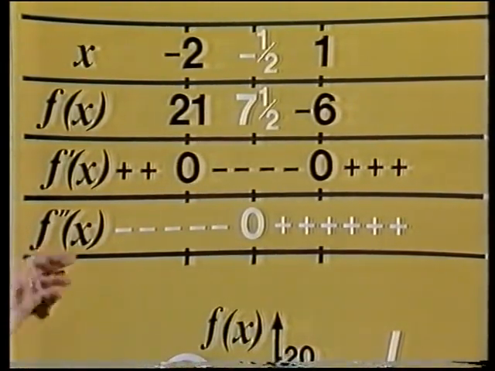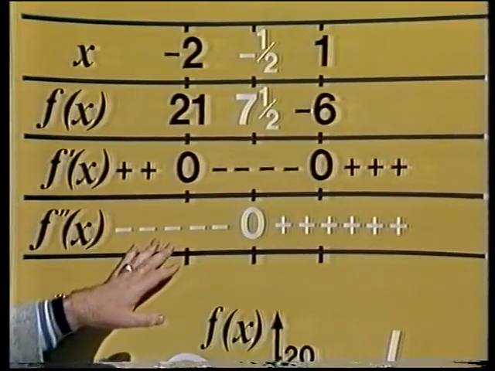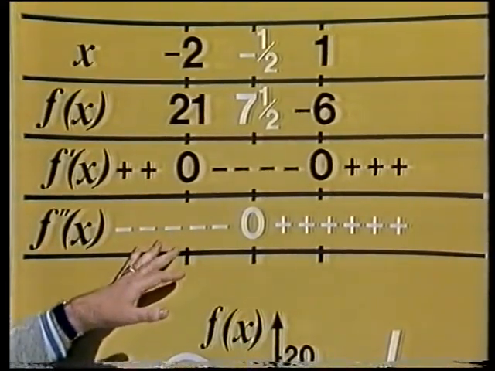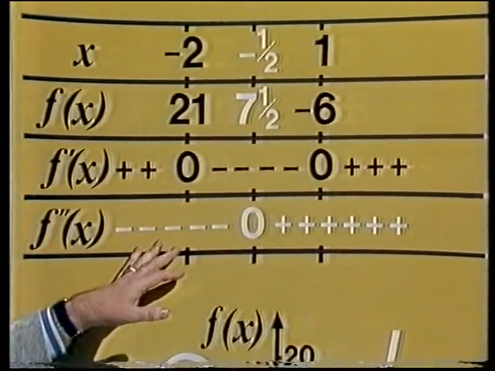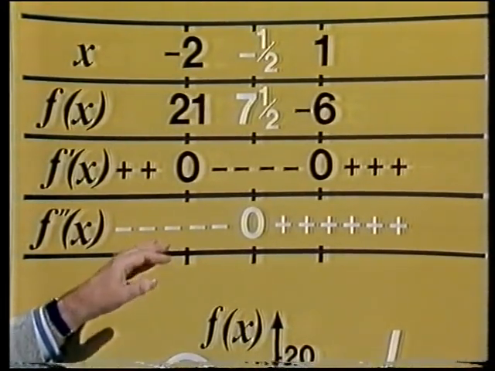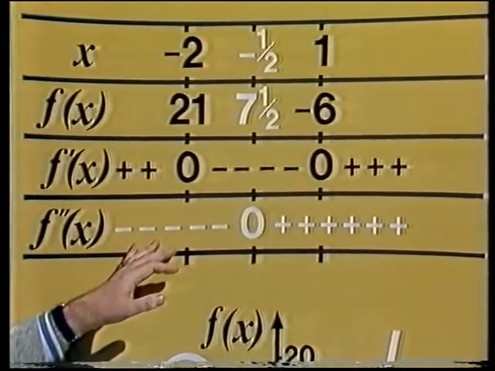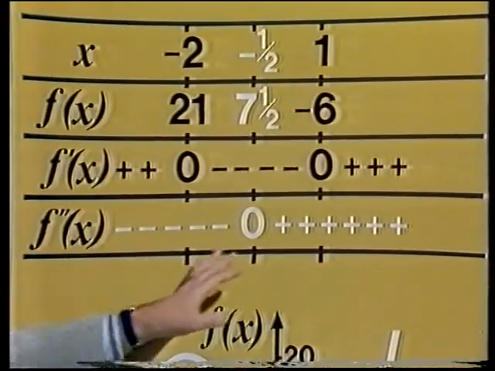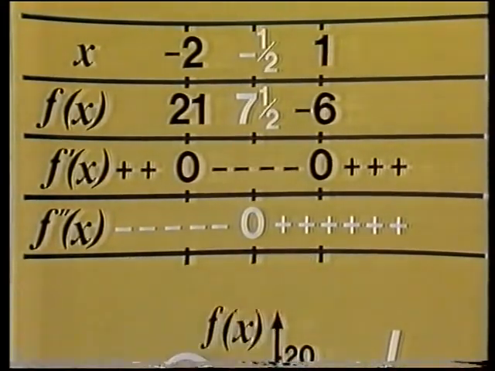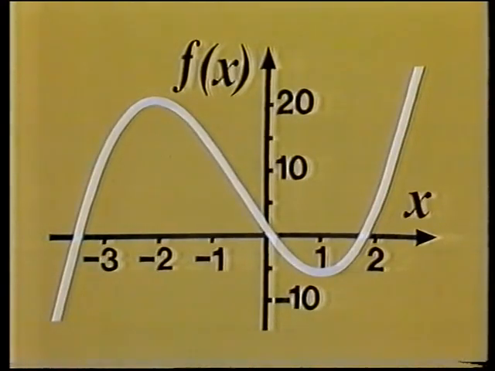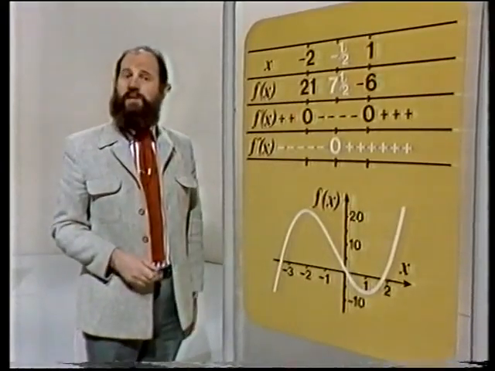And those changes in the value of the second derivative would locate for us the points of inflection. They're the points where the second derivative changes sign, either from negative to positive or from positive to negative. Well, that's what we did for this cubic curve, and it's exactly what we could do for any curve. And in fact, that's what we're going to do next.